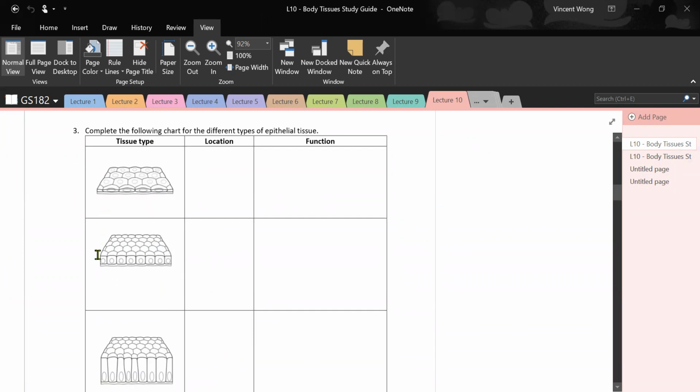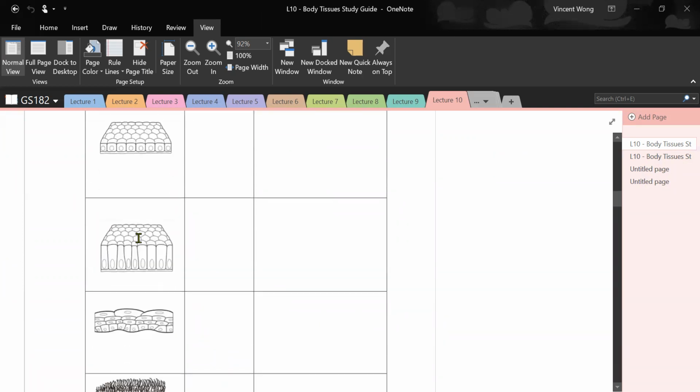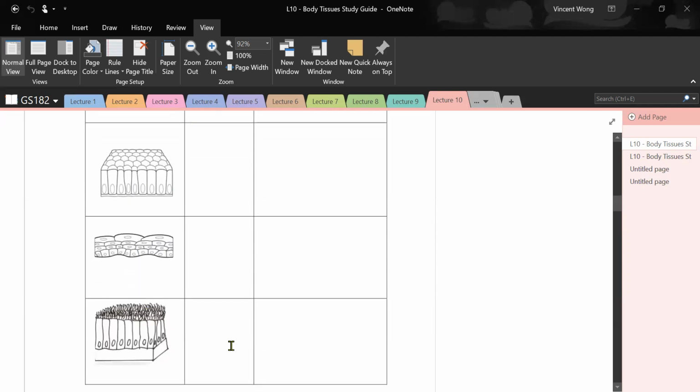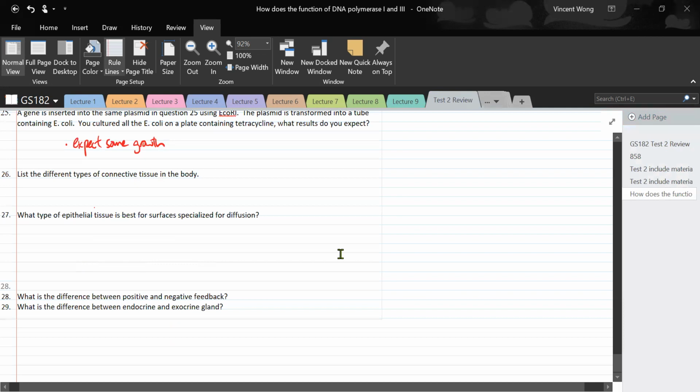They usually are found around ducts. They're good for secretion and absorption, that kind of stuff. We have the simple columnar. Again, fill this chart in and make sure you have that information. I already posted the answer to this, so you should be okay. So the answer for this one is simple squamous.